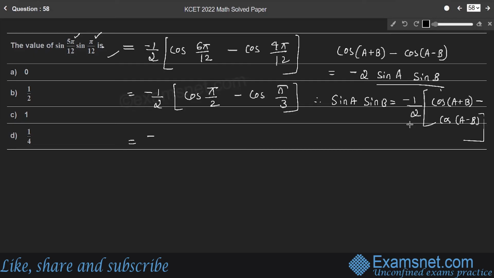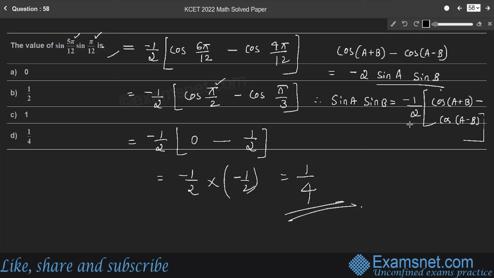Cos pi by 2 is cos 90, which is 0, and cos pi by 3 is cos 60, which is 1 by 2. Therefore, it is minus 1 by 2 into minus 1 by 2, which is 1 by 4. Therefore, option D is the right answer.